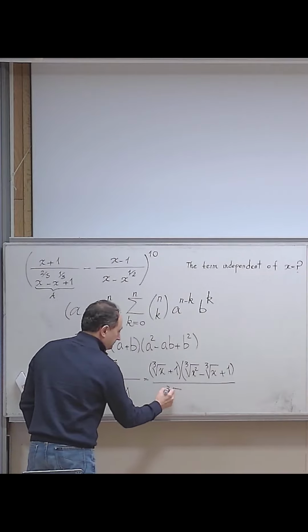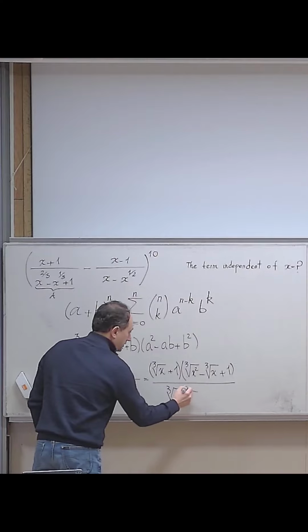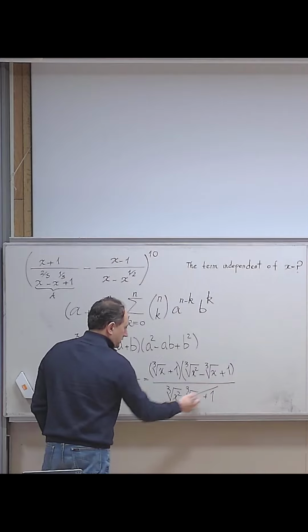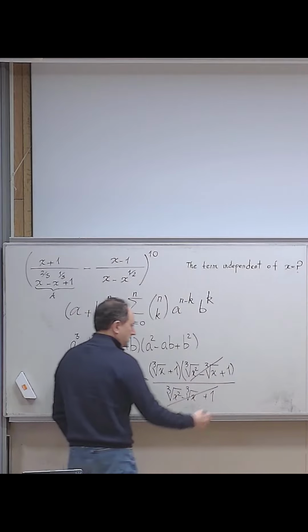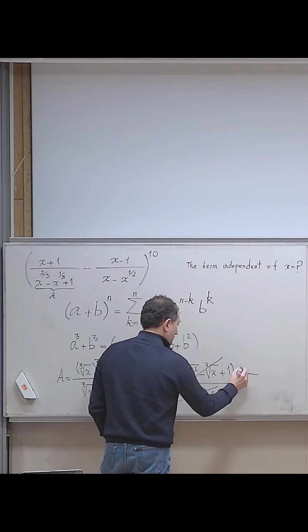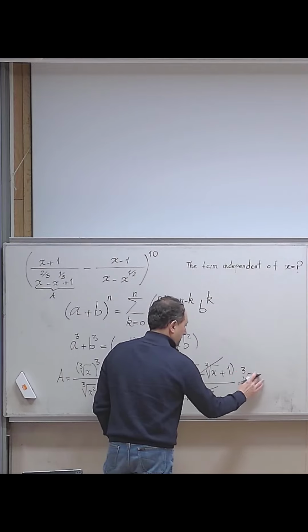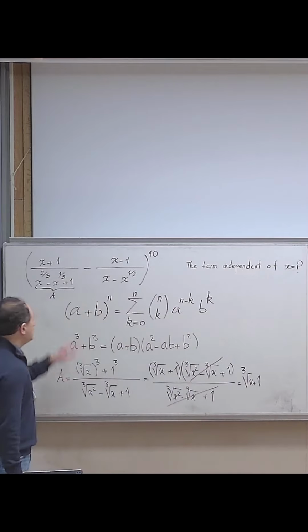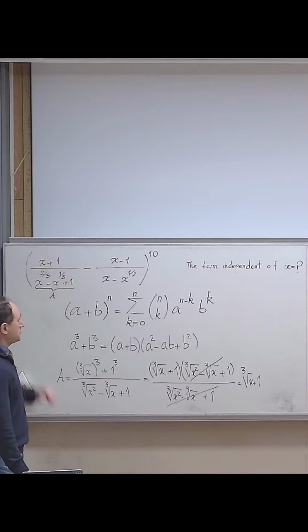But the good news is that this expression is exactly that expression, so I can cancel this out, and then it becomes the third root of x plus 1. So this is the simplified version of this part.